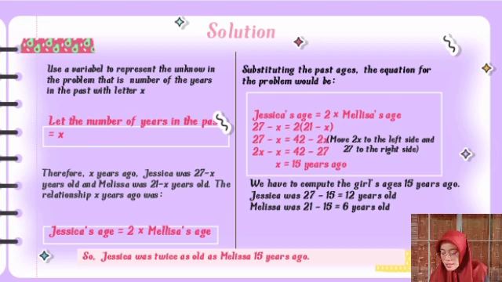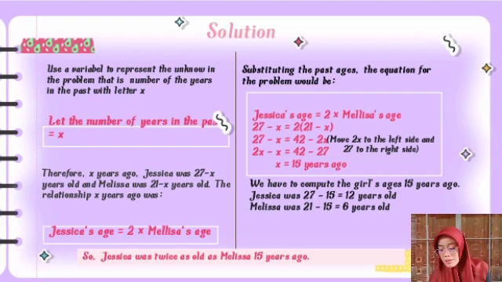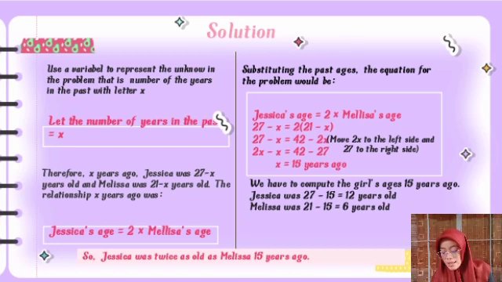Let the number of years in the past be x. Therefore, x years ago, Jessica was 27 minus x years old and Melissa was 21 minus x years old. The relationship x years ago was Jessica's age equals 2 times Melissa's age. Substituting the past ages, the equation for the problem would be Jessica's age equals 2 times Melissa's age.